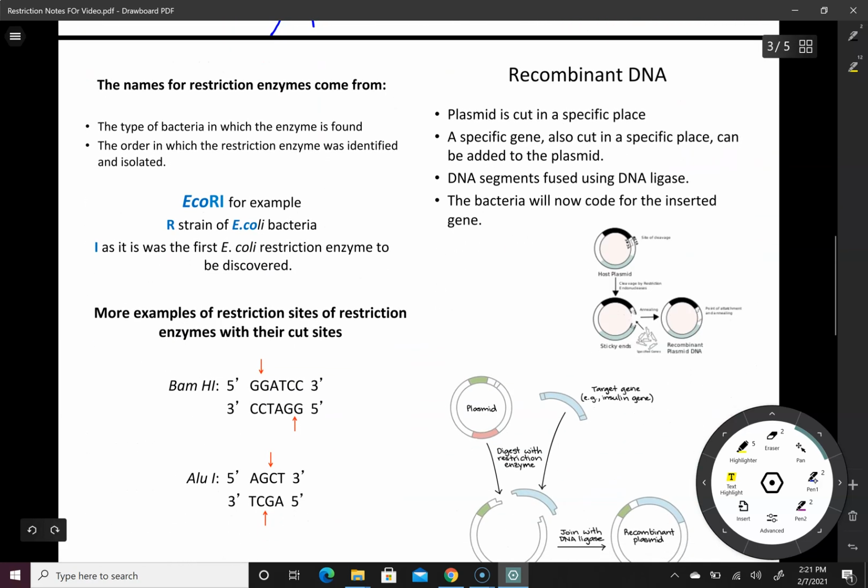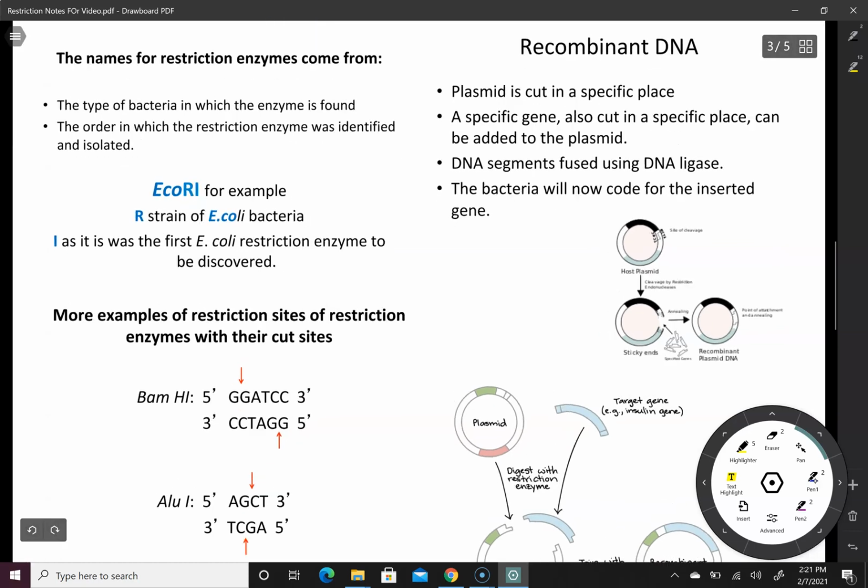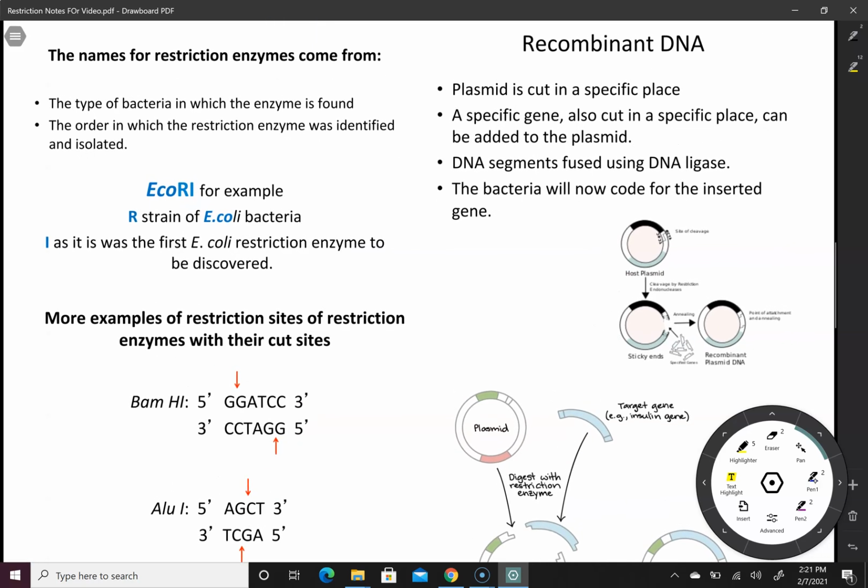So where do these restriction enzymes get their name? Well, they get their name from the type of strain they are, the name of the bacteria they are, and when they were discovered. So, for example, EcoRI comes from Escherichia coli. Again, funny name, E. coli we call it.